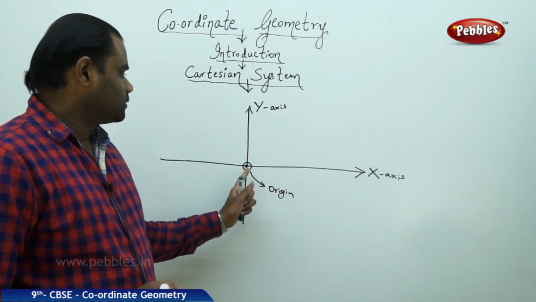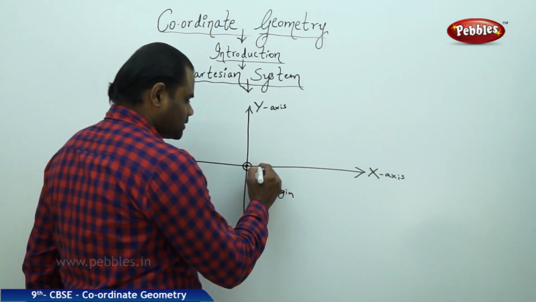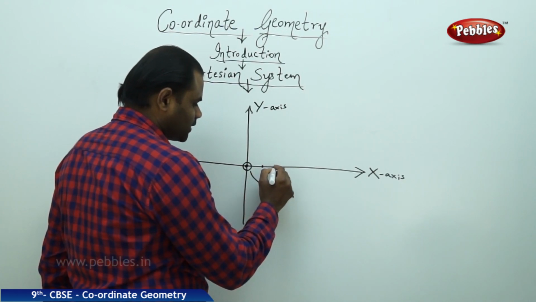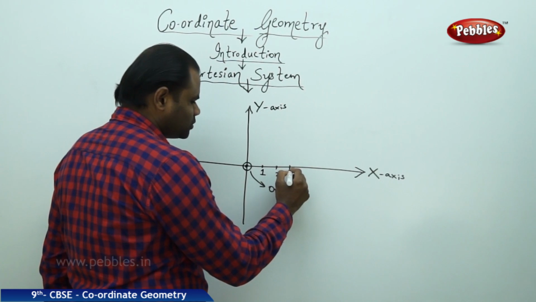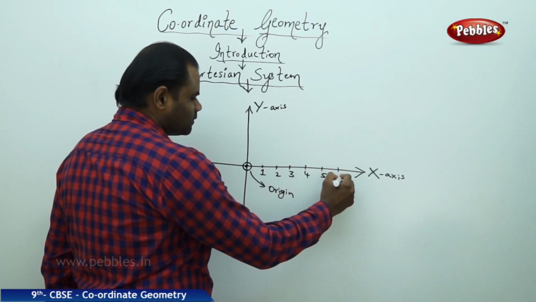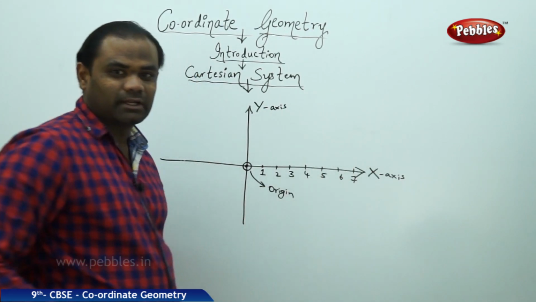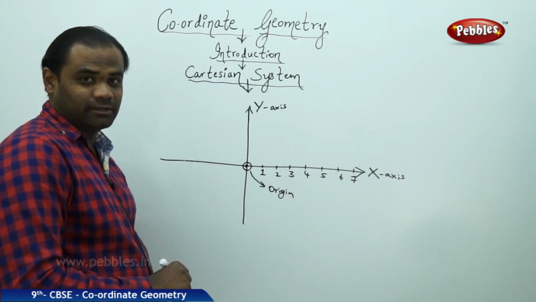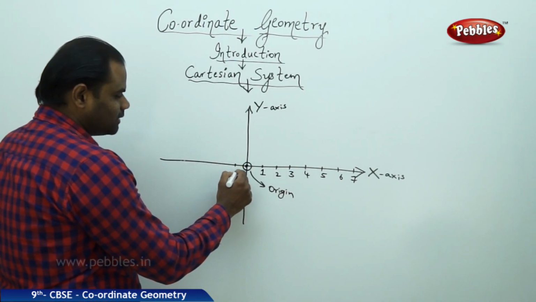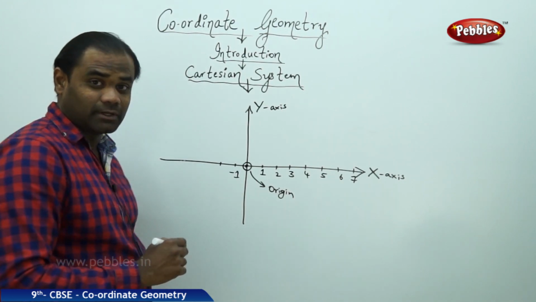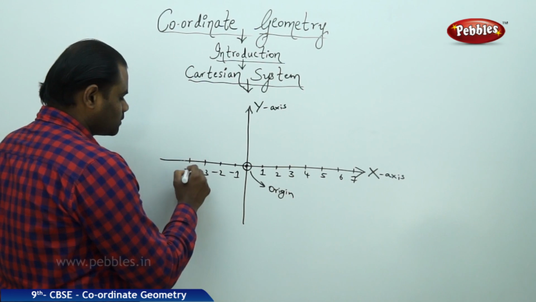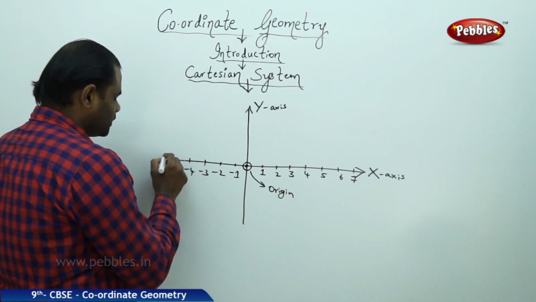Each of the four directions has its own definition as a rule of the Cartesian system. Therefore, I have to define the right side of the x-axis, which is the positive x-axis. I take all the values on the right, denoted by 1, 2, 3, 4, 5, 6, 7, etc. It goes on and on till infinity. The left side of the x-axis is denoted by negative real numbers like -1, -2, -3, -4, -5, and so on.